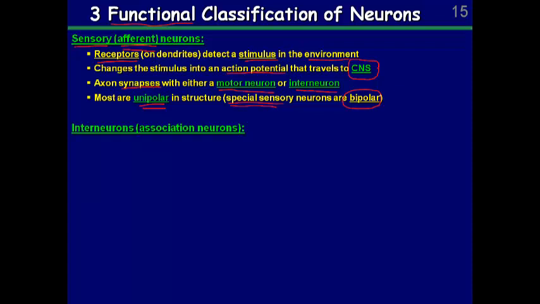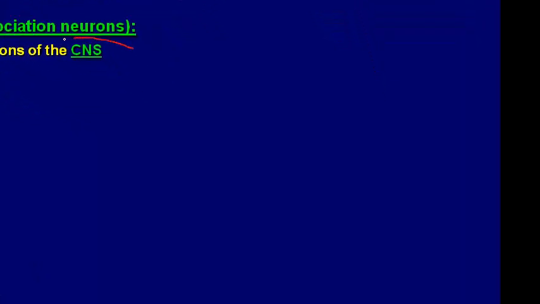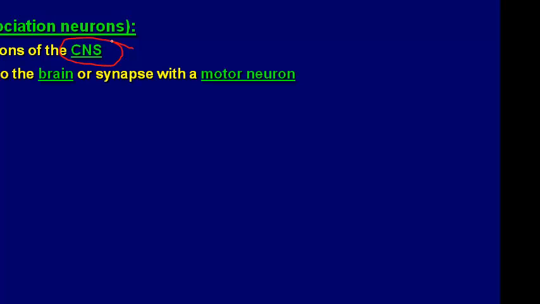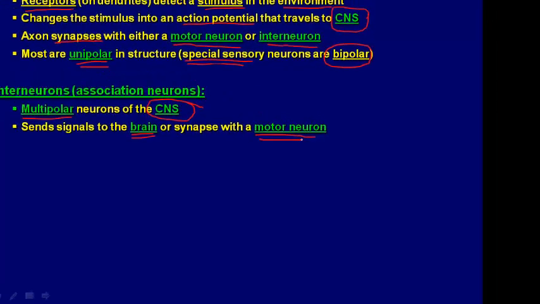So interneurons, also known as association neurons, are multipolar neurons of the CNS, so only found in the CNS, and these interneurons are analyzing, they're integrating, they're figuring out where the information needs to go. So they're going to send signals to the brain, or they're going to say, all right, well we need to tell this motor neuron over here, so they're going to synapse with a motor neuron.